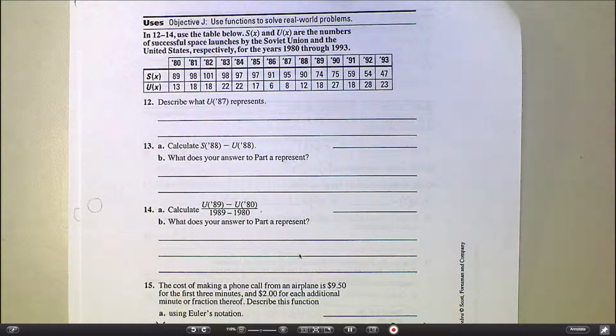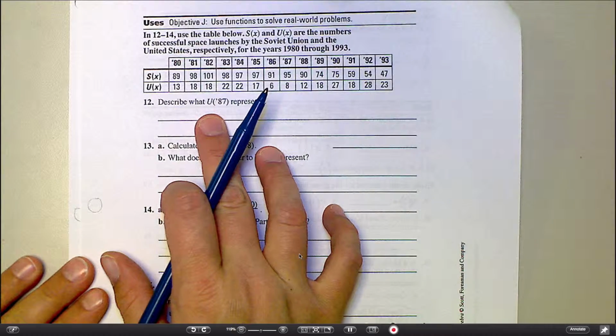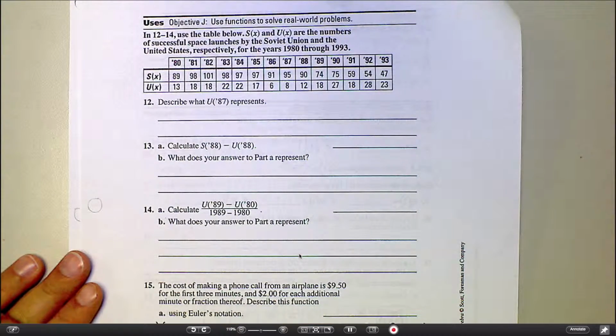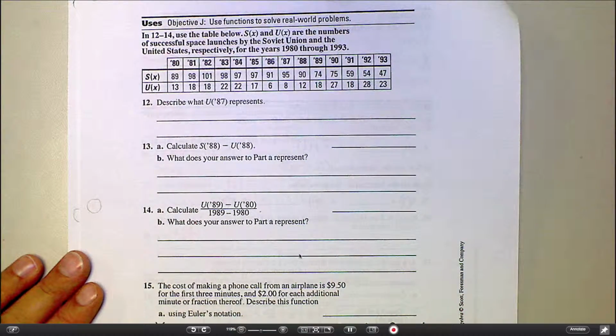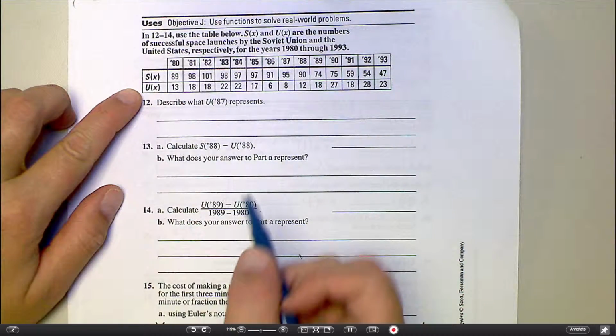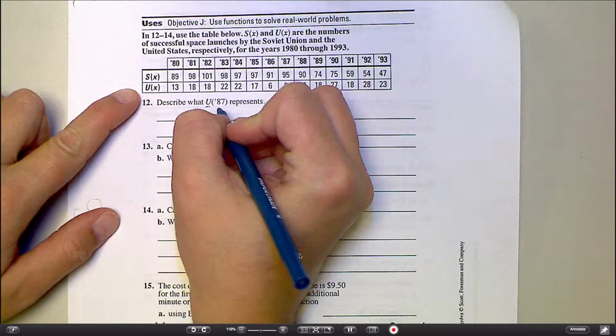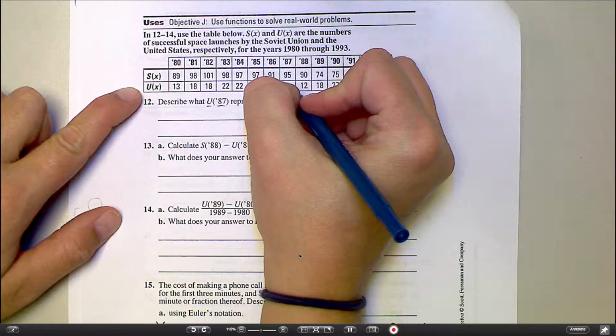Okay. So what do I mean when I say U of 87? What is that asking you for? Ethan, go ahead. The number of the space stuff in the United States in 87. Okay, so this is telling me I want to look at United States. This is telling me I want to look at 1987. So U of 87 would be 8.